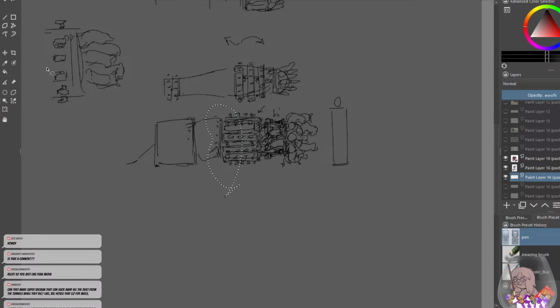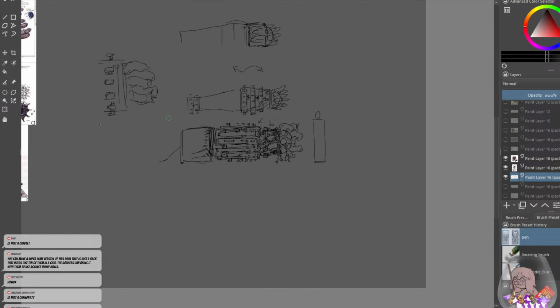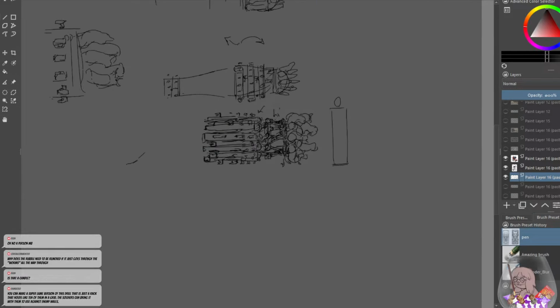I think I want this longer. This should be like the simplest version of this worm, so I definitely shouldn't overdo complexity that much. Is that a candle? You mean this? No, it's a person as a scale comparison.